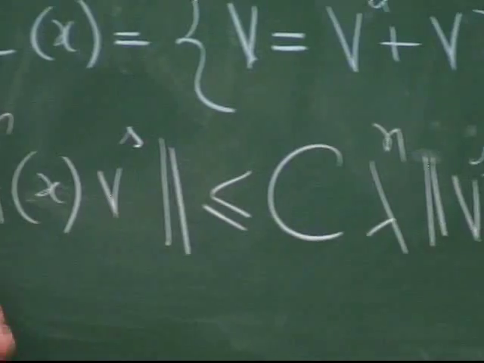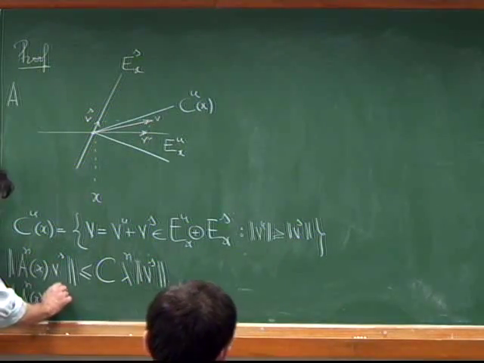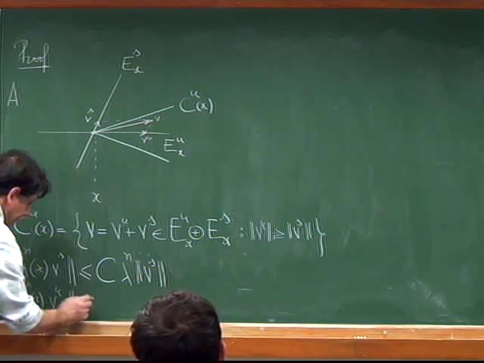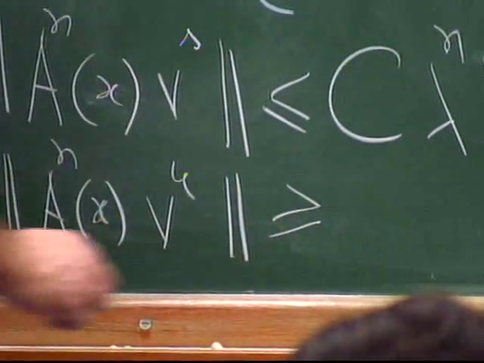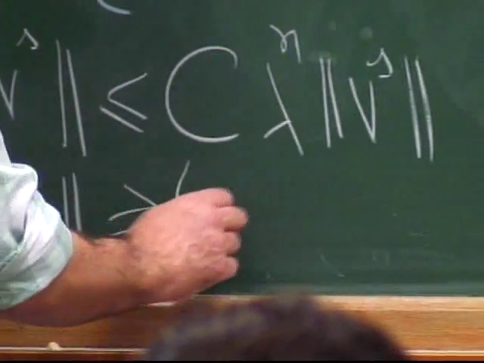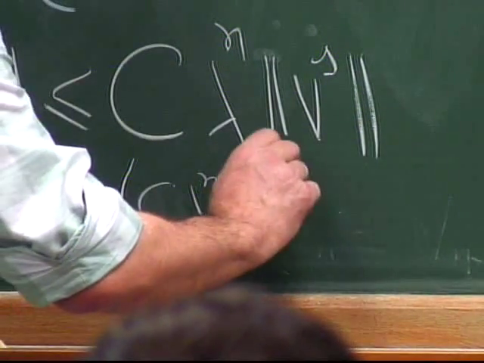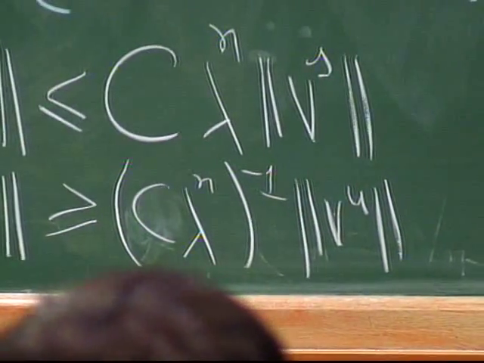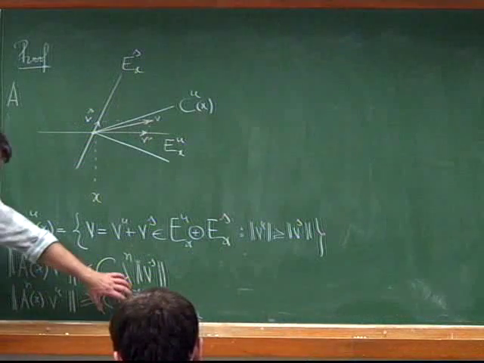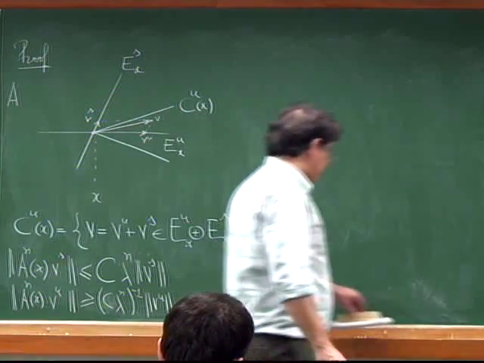And we also know that A^n_x of v^u is bigger than C lambda^n inverse times v^u. It's perhaps easier to understand this if you move this factor to the other side. When you talk about the unstable, you have to reverse time.